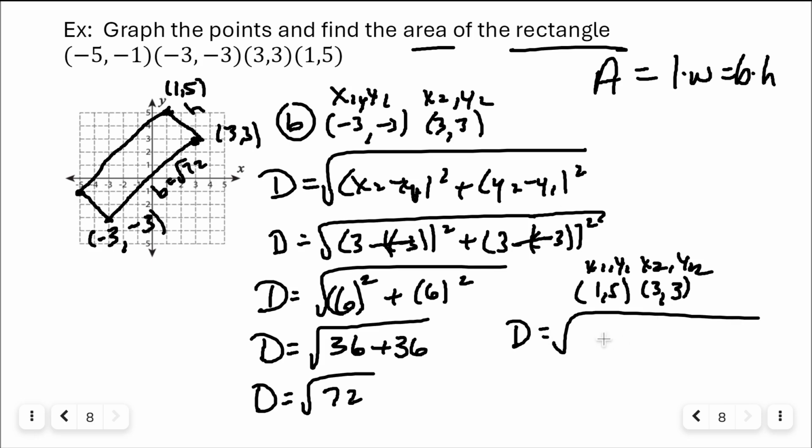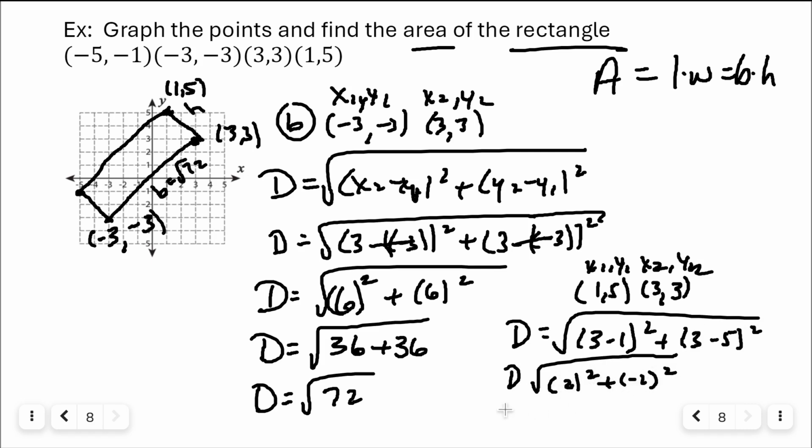So we got x2 is 3 minus x1 is 1 squared. y2 is 3. y1 is 5. It's the square root of 2 squared plus -2 squared. 2 squared is 4. -2 times -2 is +4. That's the square root of 8.